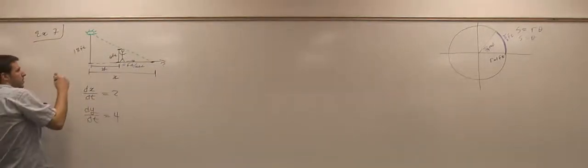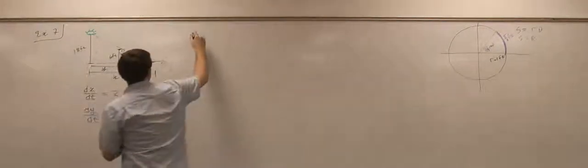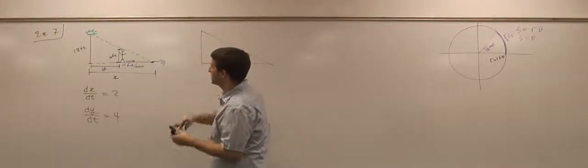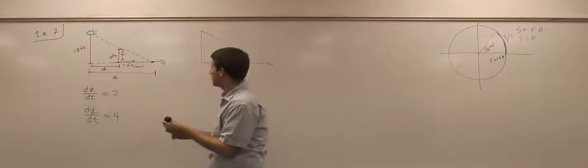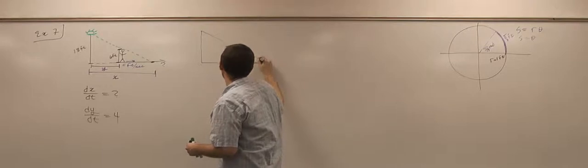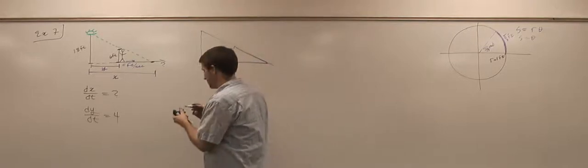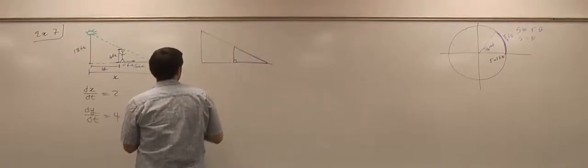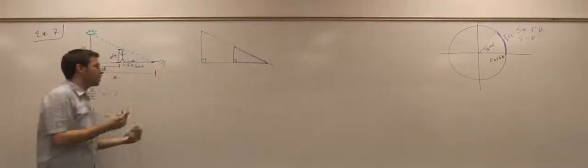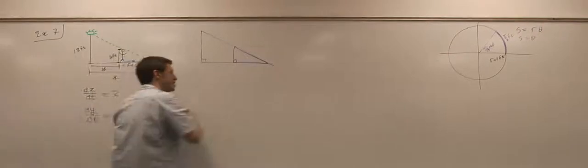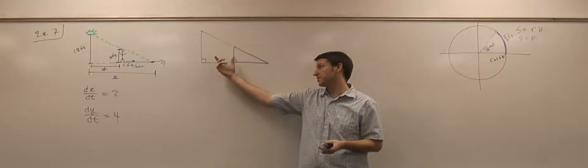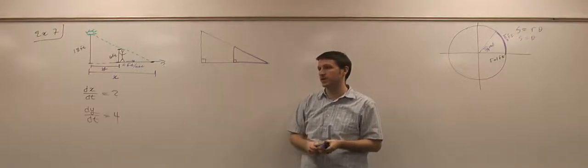What you need here is the fact that this big triangle and the little triangle starting right here are similar triangles. Similar triangles means they're the same exact shape, they just have different side lengths, but the side lengths are ratios of one another.